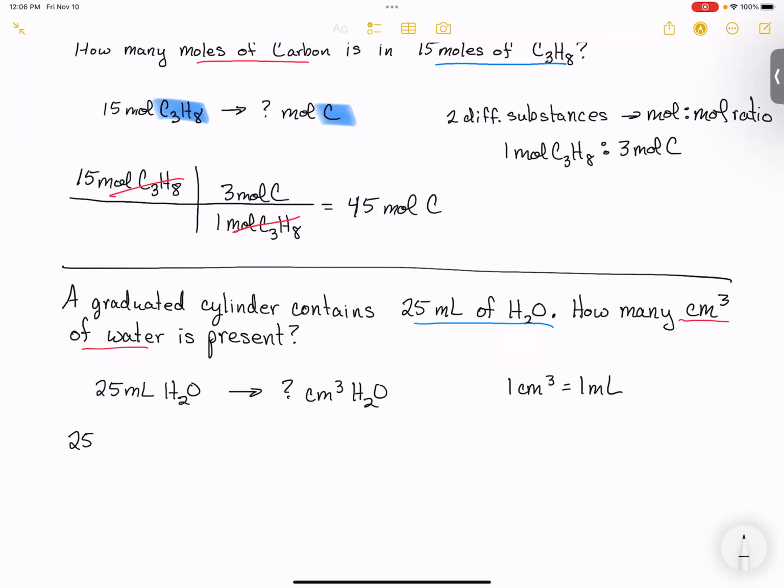So if I have 25 milliliters of water and I want to convert that into centimeters cubed of water, for every 1 milliliter of water, it is 1 centimeter cubed of water. So in other words, I also have 25 centimeters cubed of water.